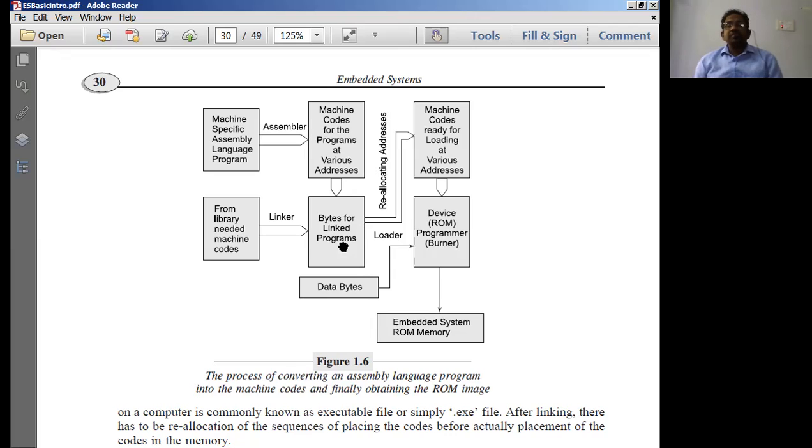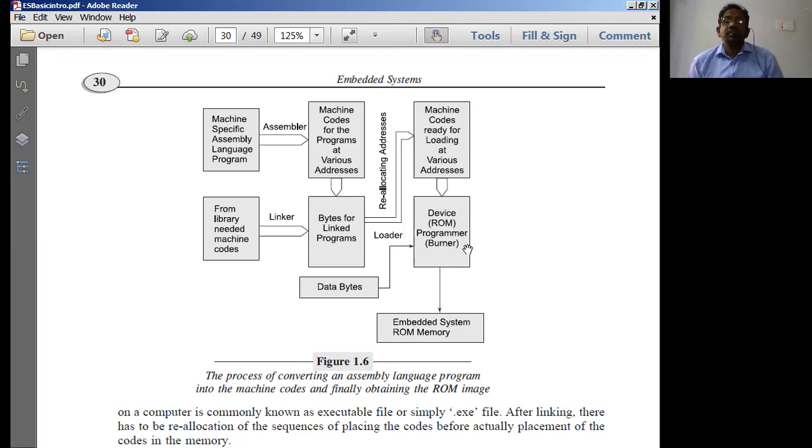A simple example in C language is printf and scanf, which have to be linked from the library. Similarly here, such program constructs are linked with the library, and the program length increases. After that, this is supplied to be stored in the memory at various addresses.